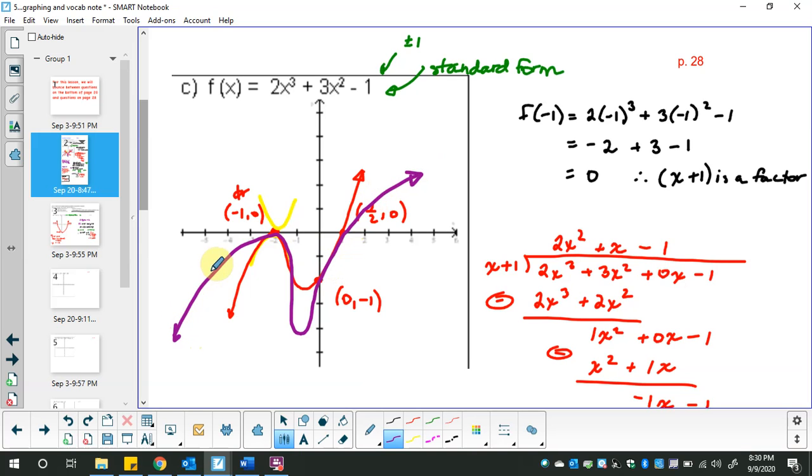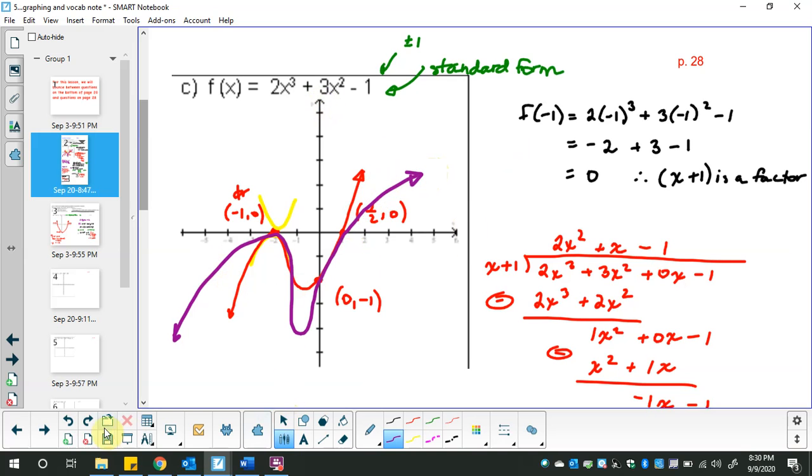It comes up through the double root, bounces, comes down to who knows where, comes back up through this y-intercept, comes up through this x-intercept, and you don't know what slope this section of the curve has at all. But what matters is that you don't draw anything with a ruler except your x-axis and your y-axis.